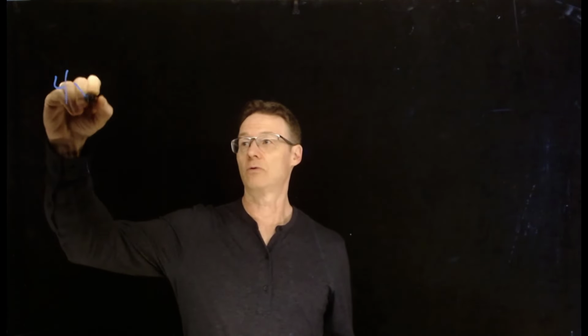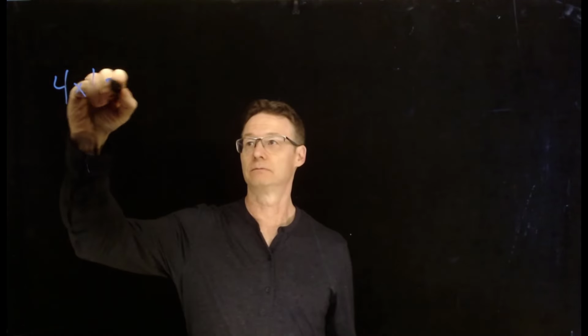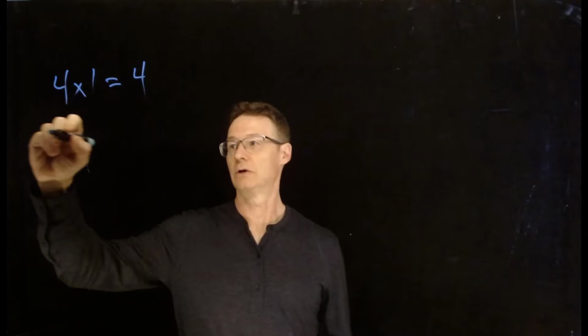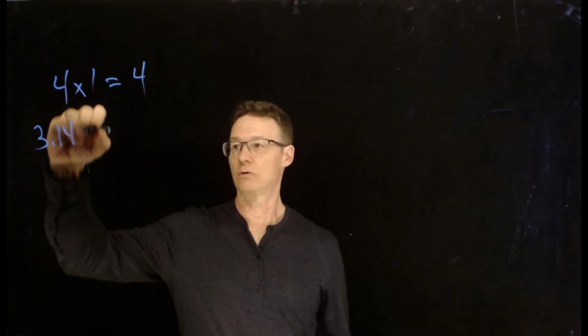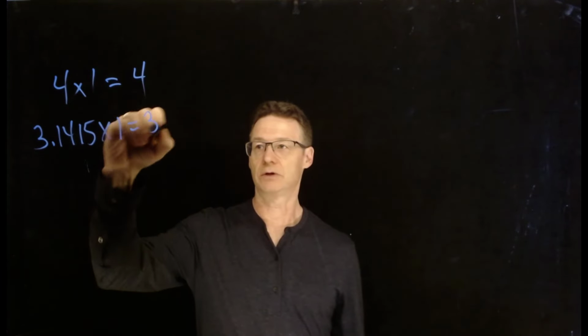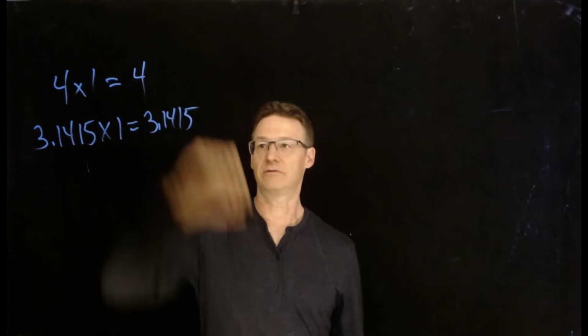First of all, what is 4 times 1? It's 4. What about 3.1415 times 1? Well, that's 3.1415.